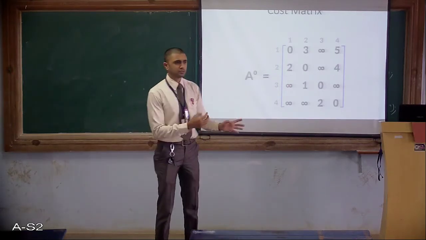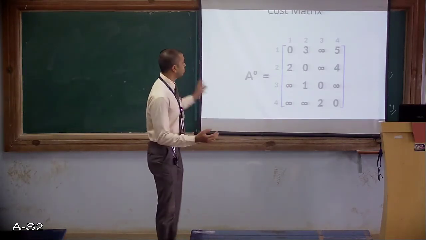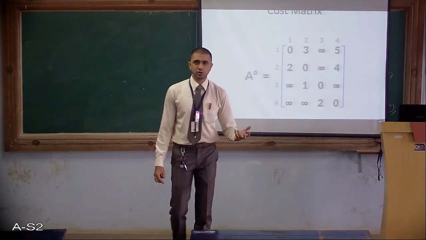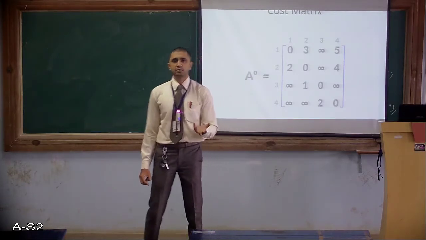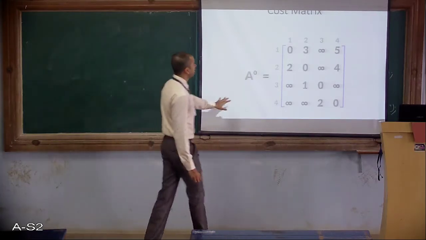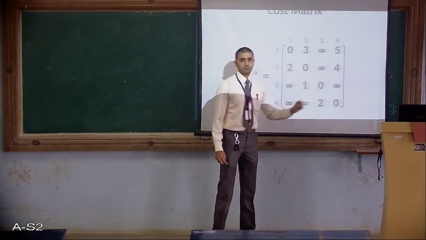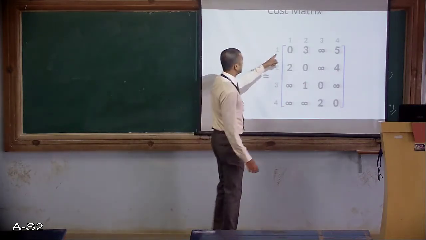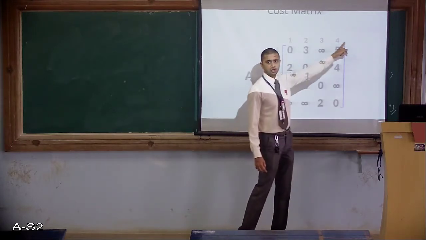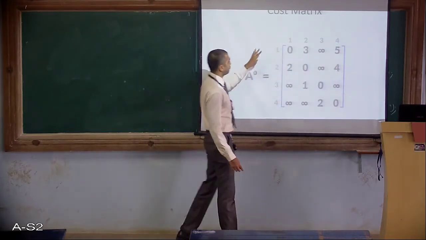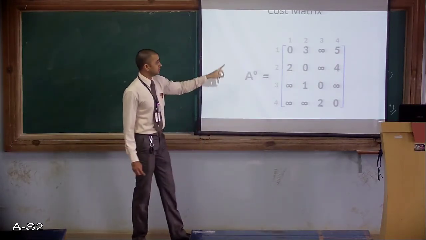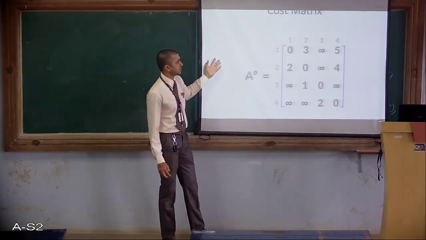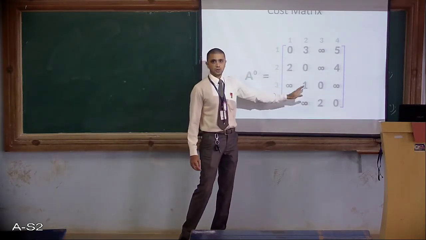We are going to derive certain matrices and make certain decisions. As we did in Warshall's algorithm, we took intermediate vertices. Similarly, in Floyd's algorithm as well, we are going to take intermediate vertices 1, 2, 3 and 4. Since I have 4 vertices in that graph, this is going to be a 4 by 4 matrix. If it had 3 vertices, it would be a 3 by 3 matrix.